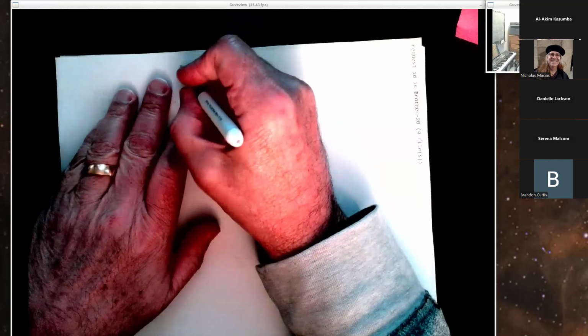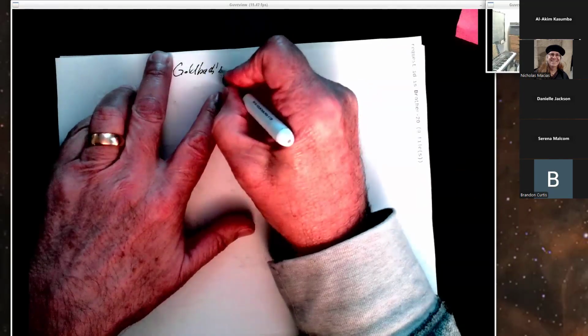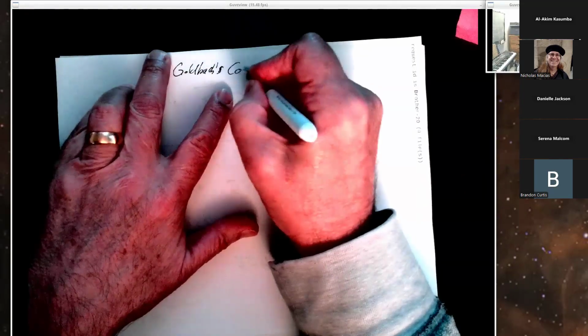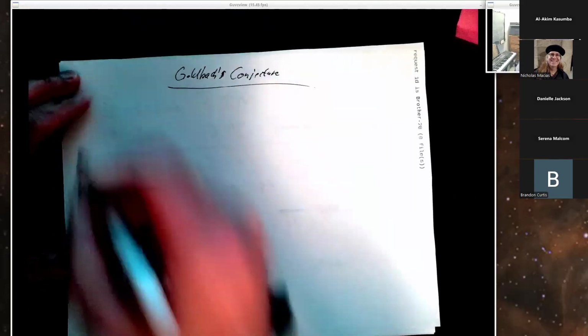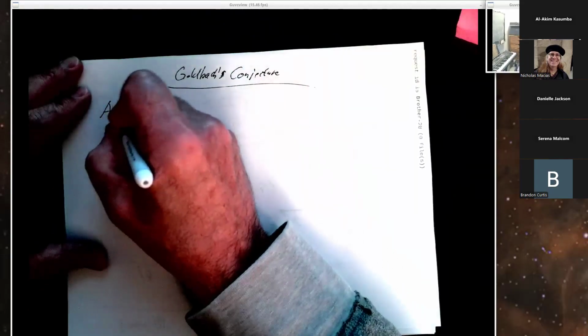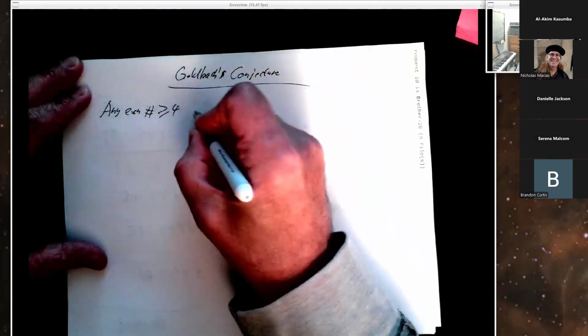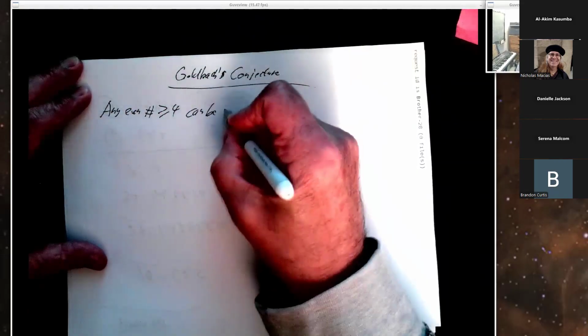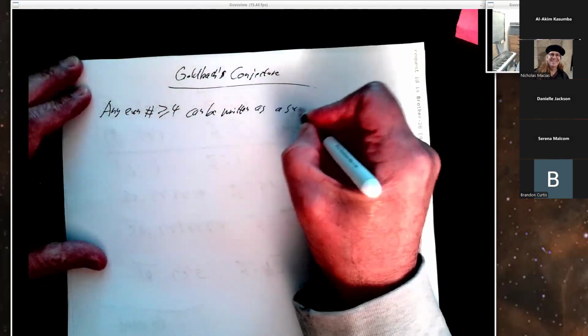All right, here's another open question. This is called Goldbach's conjecture. The conjecture says any even number bigger than or equal to 4 can be written as a sum of 2 primes.